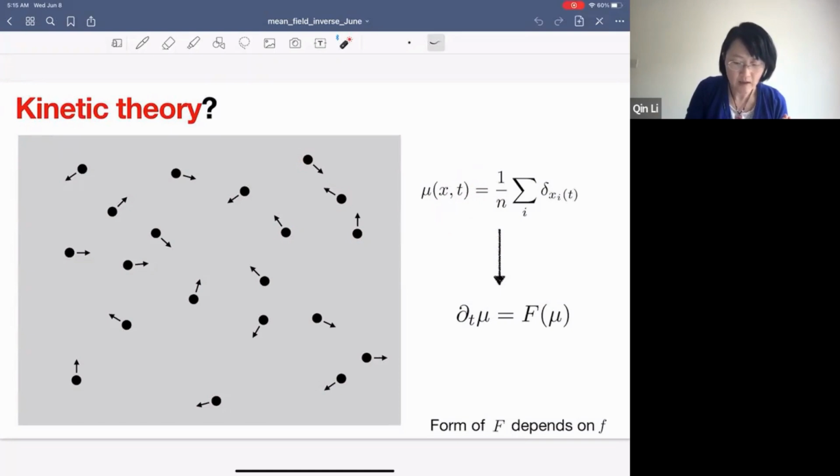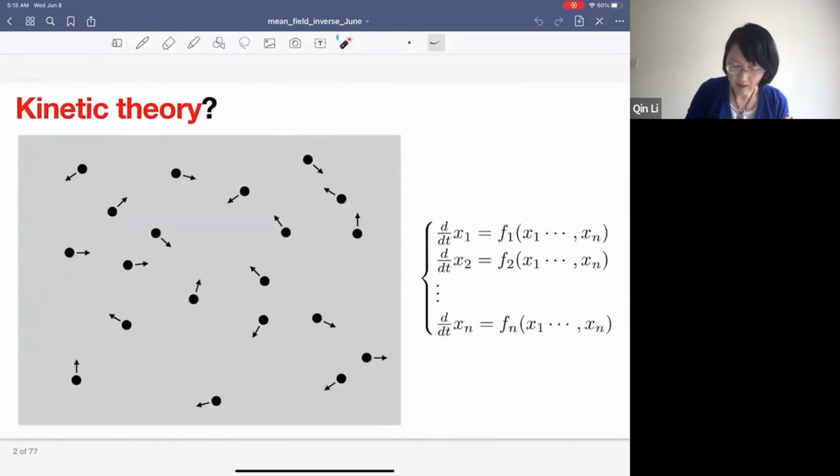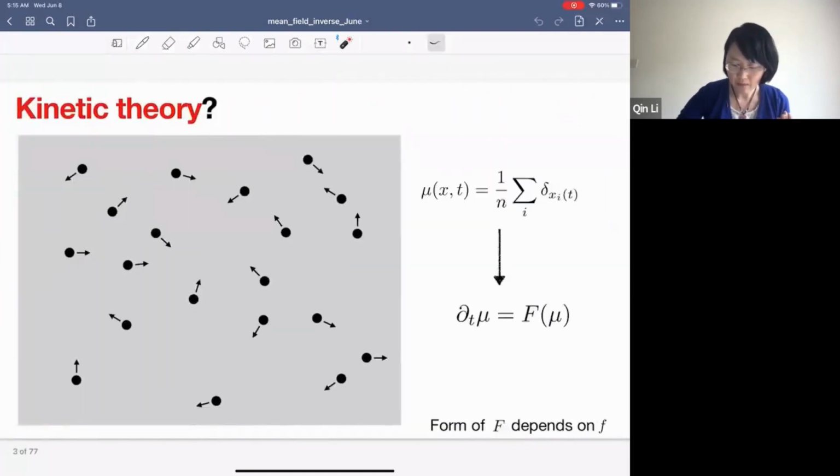Basically, I'm counting the number of particles at a particular time at a particular location. So suppose in the previous setting, I have n particles over here, and each particle is located at a specific location. Then I put the delta function on each particle and I sum it up. That becomes my distribution.